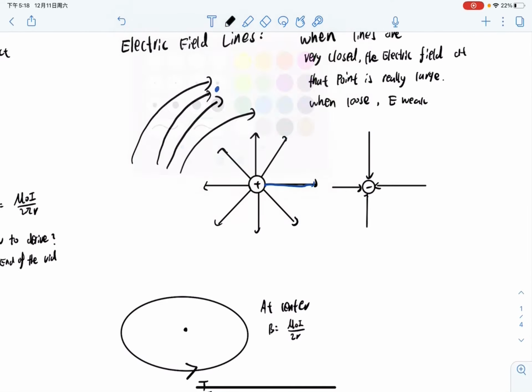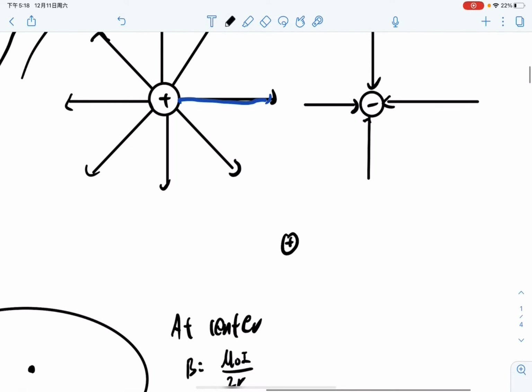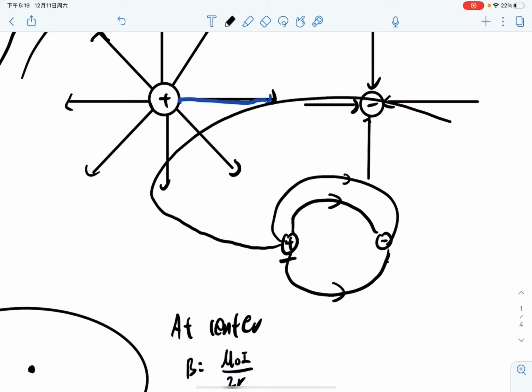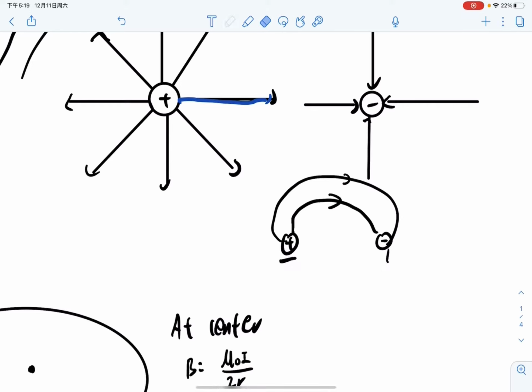For the case of plus and minus, this one is going out and this one is going into the negative charged particle, and you just draw it like this. Some of the electric field lines will be very large and circulate at this point. So the final image will look like this.